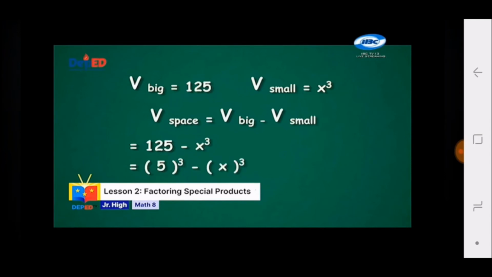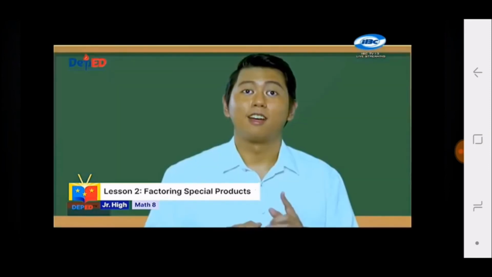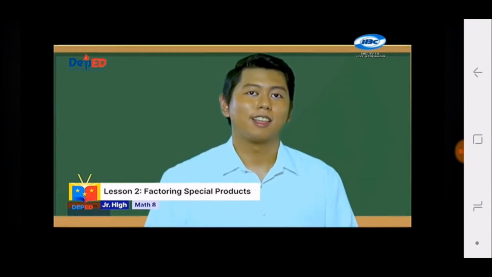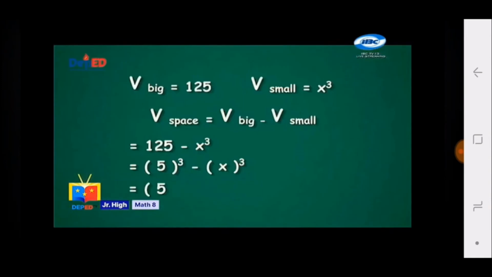We write the binomial factor using the expressions we acquired, 5 and x. Remember that the first sign is the same with the given. So we will have 5 minus x.